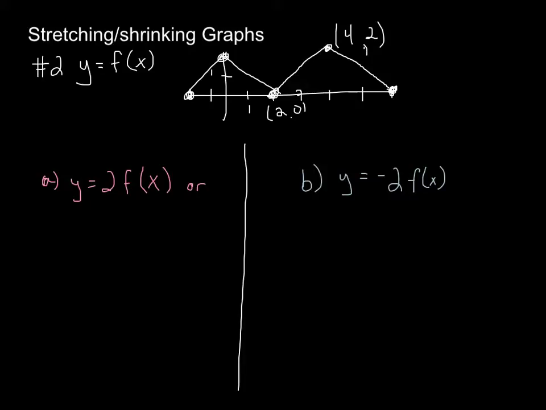Okay, and what we're going to do is take this white graph, and down here, we're going to make it pink. But we're not just going to graph f of x, we're going to graph 2 times f of x. That's the formula you might see: y equals k times f of x, where our k is 2. K could be anything. It could be 3, 4, 5, 6, 7, 8, whatever.